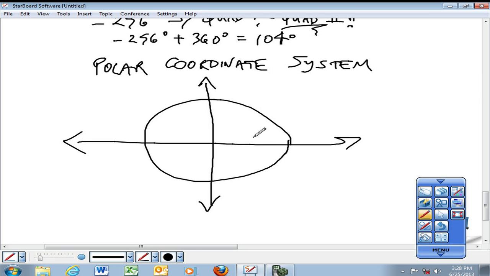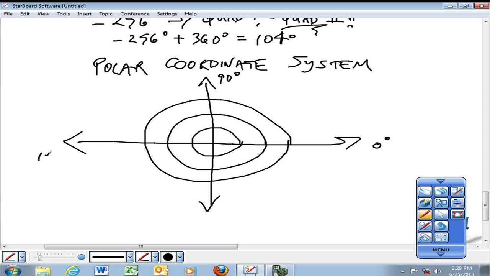Of course, your book does a much nicer job, but you get the idea. So just pretend these are perfect circles. We know this is 0 degrees, 90 degrees, 180 degrees, and 270. Remember, counterclockwise gets you those positive angles.